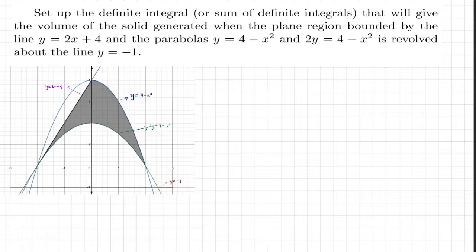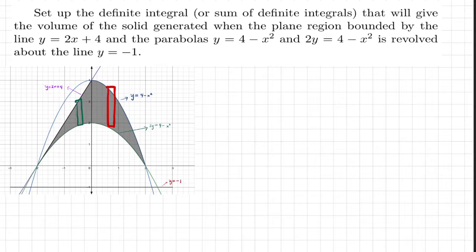So observe that here, if we try to draw an arbitrary rectangle in this part and another arbitrary rectangle in this part, what do we notice? We observe that they have different upper curves, or the tips of the rectangles are different. So what can we do?